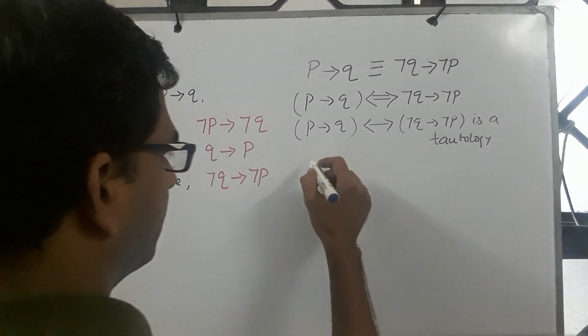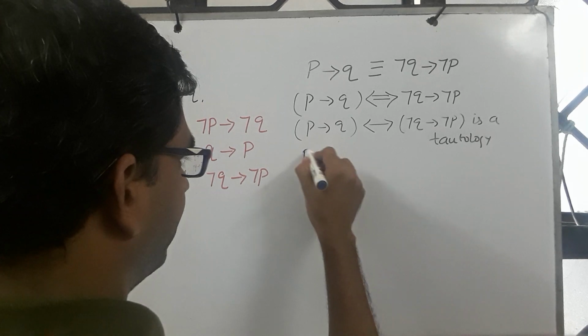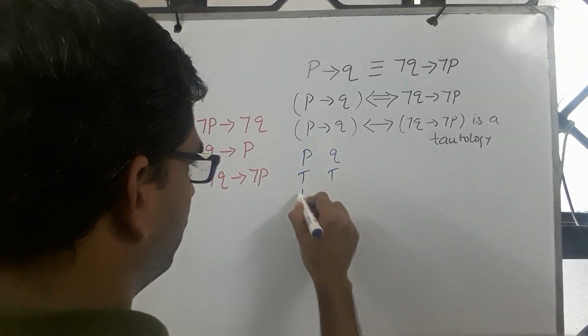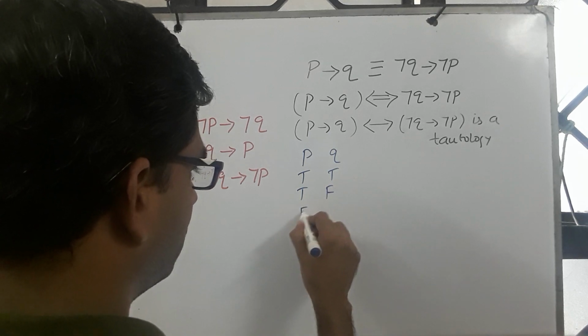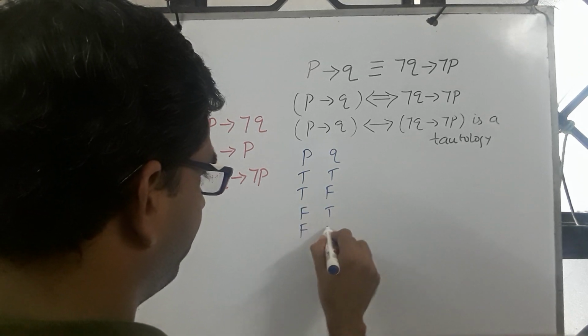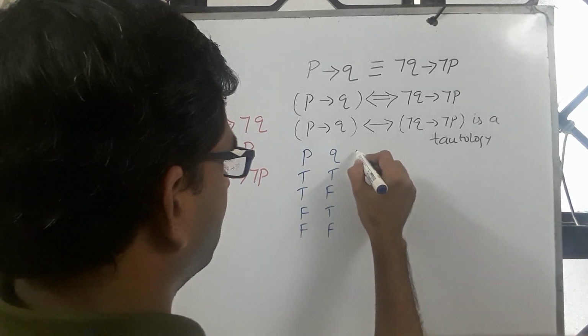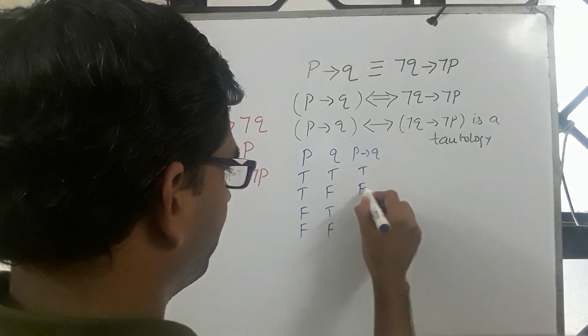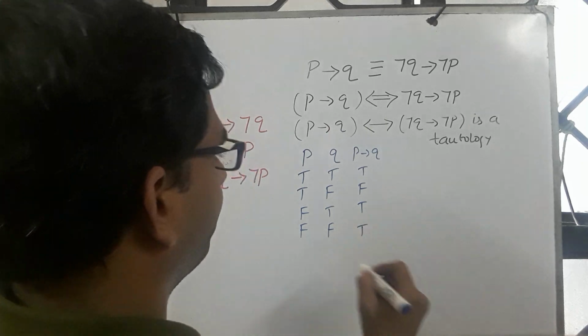Let's look at the truth table method. Let's look at P. Let's look at Q. True, true, true, false, false, true, false, false. So P imply Q is true, false, true, true.